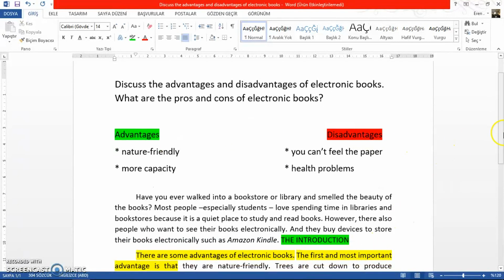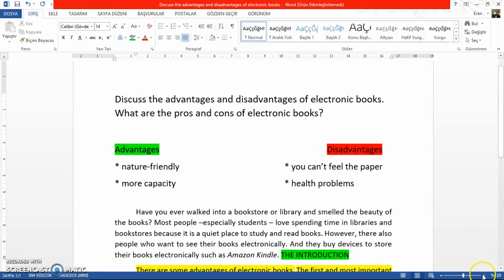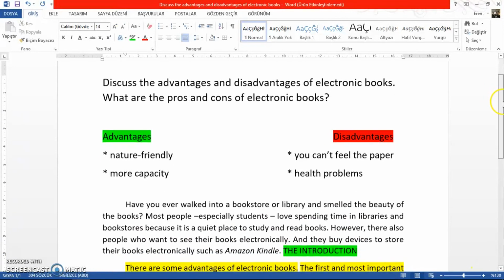So how do we write the introduction? The introduction of an advantage and disadvantage essay does not give your opinion, does not give your views.